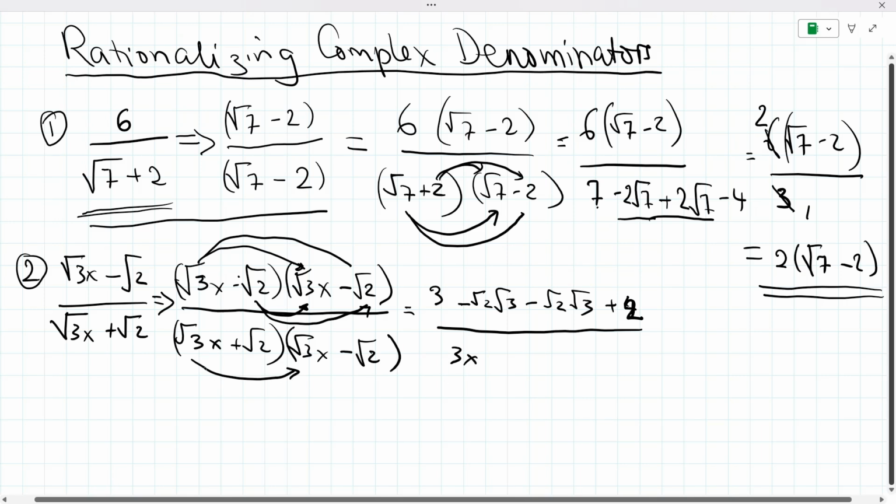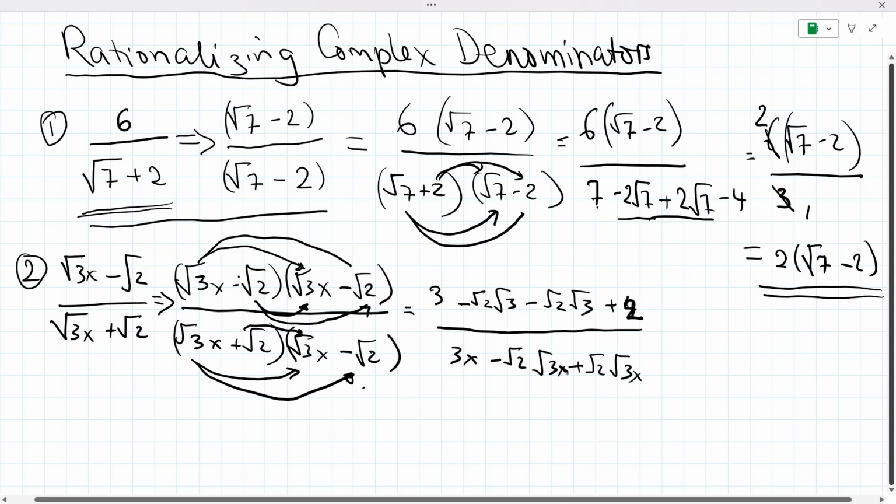3x. And then root 3x multiplied by minus root 2x will be minus root 2 root 3. Then positive root 2 multiplied by root 3x will be positive root 2 root 3x.